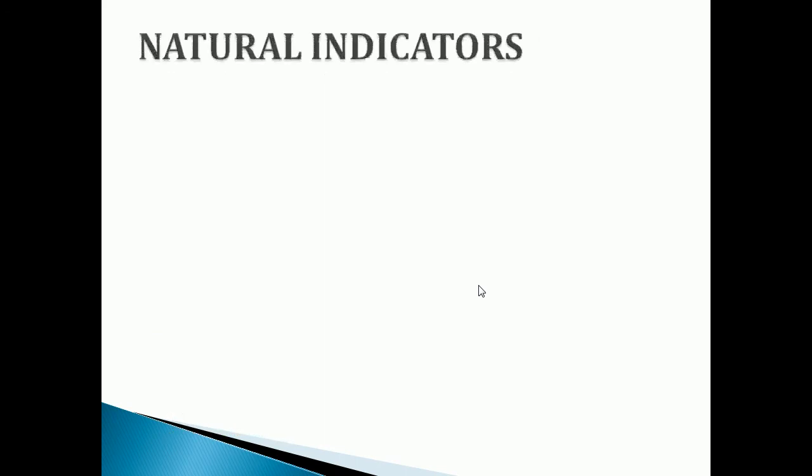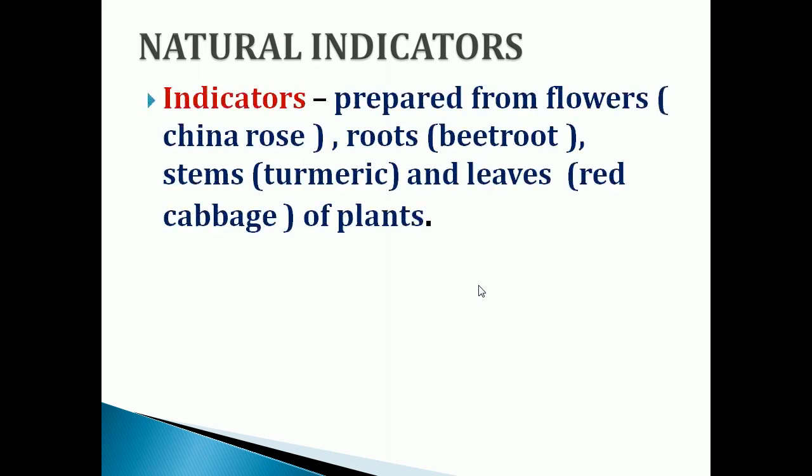First one is natural indicators. Natural indicators are prepared from natural substances such as parts of plants. Indicators prepared from flowers, root, stem, or leaf part of the plant are called natural indicators.